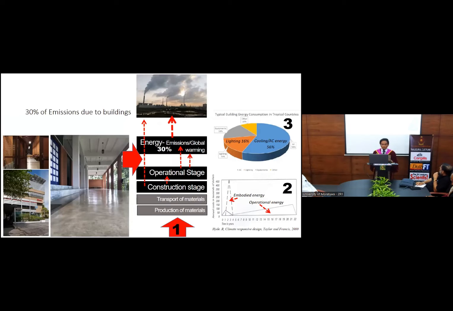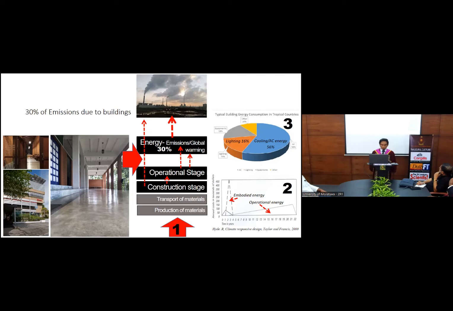So we'll try to understand what areas of a building need energy. Starting from column 1, you can see the number 1. Starting from the bottom, a building needs energy in the production of materials, then in the transport of materials to the sites, and then construction.